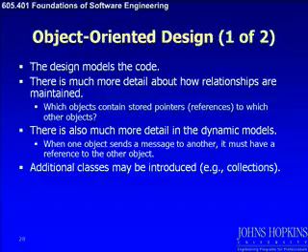So we need to keep in mind that we're designing how the objects are going to work, how we represent the information in those objects, how we represent the connections between the objects, and how we represent the behaviors of the objects. At design time, we may need to introduce some additional classes of objects.